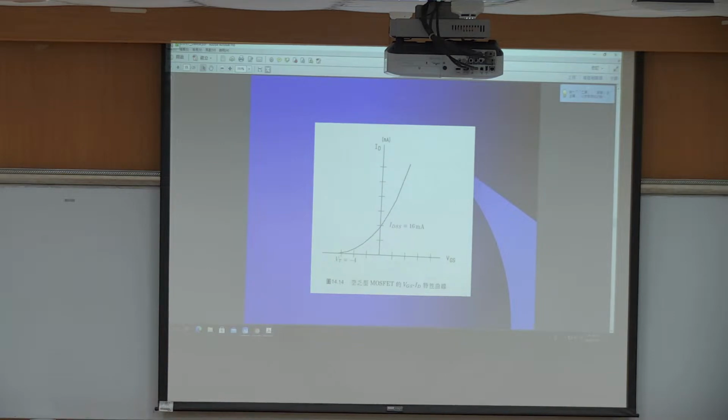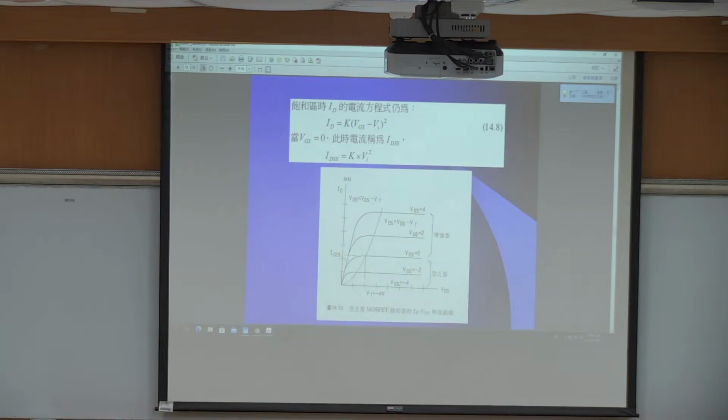The threshold voltage means the voltage you add on the gate port that will dispel the electrons from the channel layer, and the channel will disappear. So here is the current equation of this depletion device, which is pretty similar to the one we saw before.